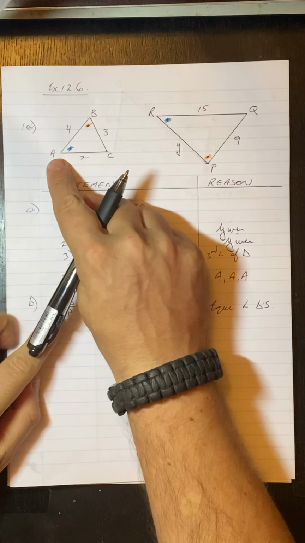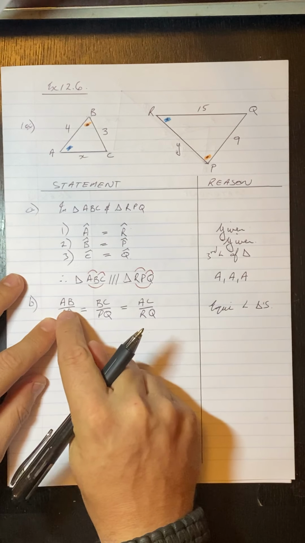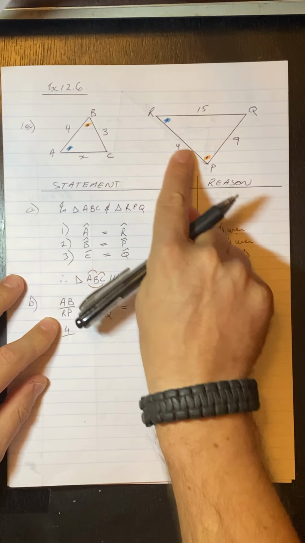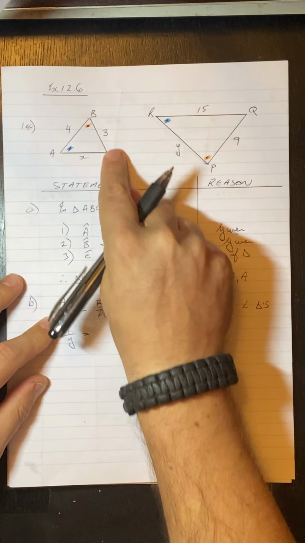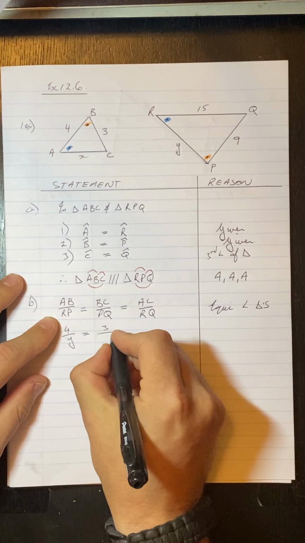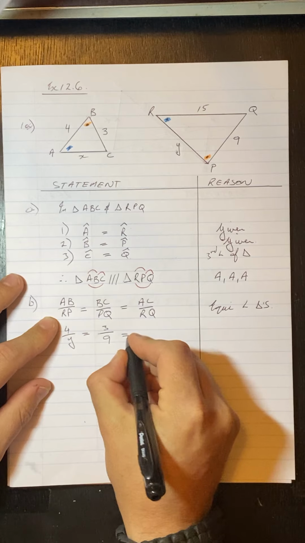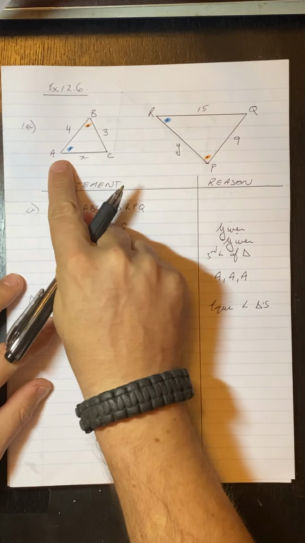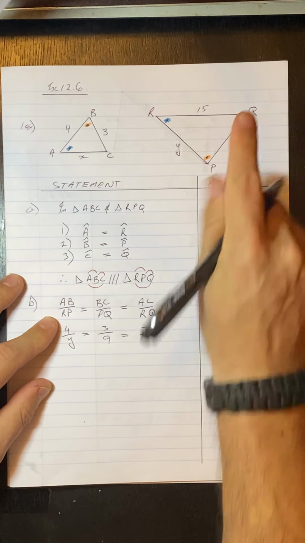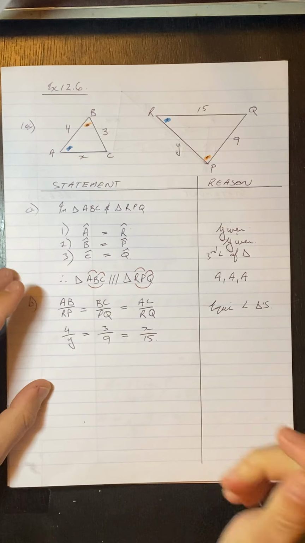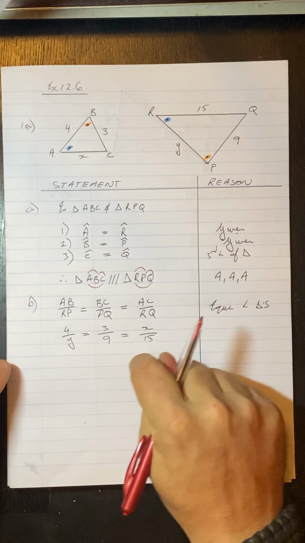So AB is over here, which is 4 over RP. RP is over here, which is Y, equals BC is 3, PQ is 9, AC is X, RQ is 15.